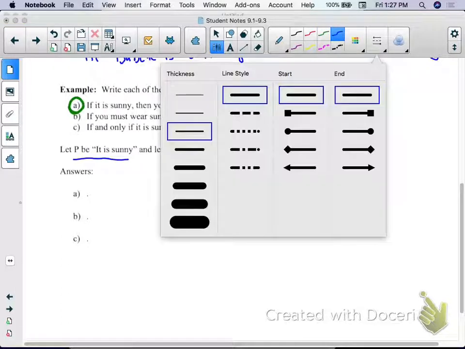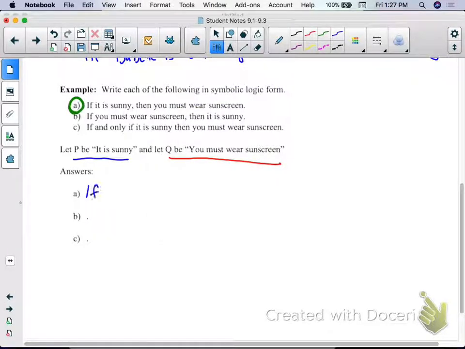So we're going to say if P, and we're going to write it in symbolic form, but I'm going to write it in words first. I think that might be helpful. Then Q. So in symbols, now that's going to be P and then my single-sided arrow, Q. Okay. For the next one, if you must wear sunscreen, then it is sunny.